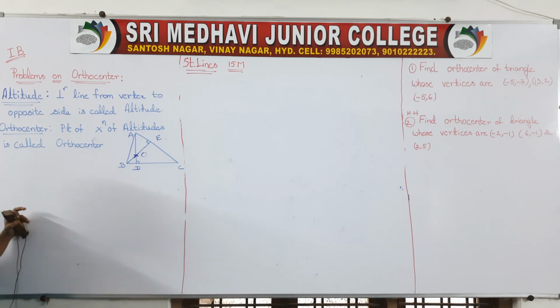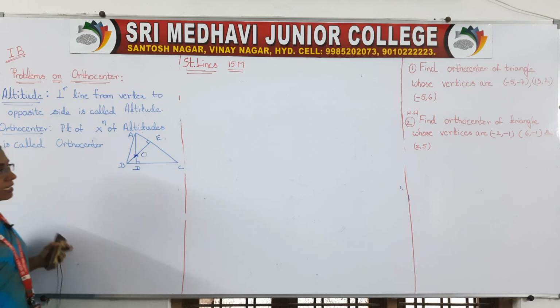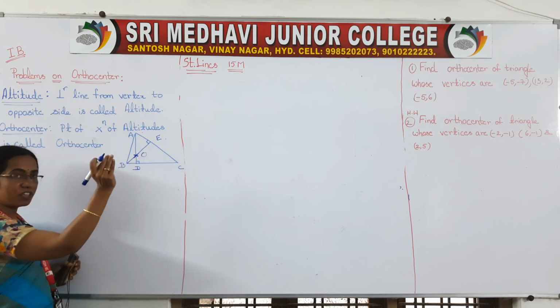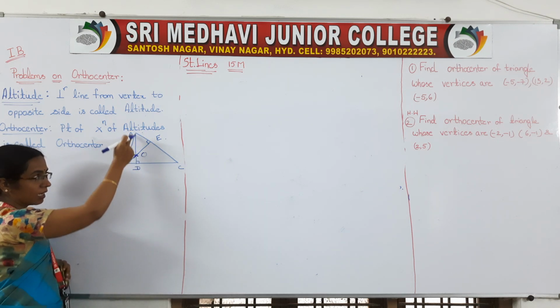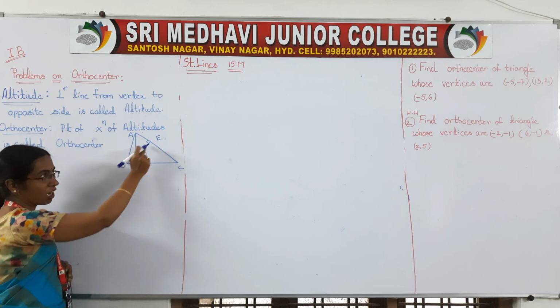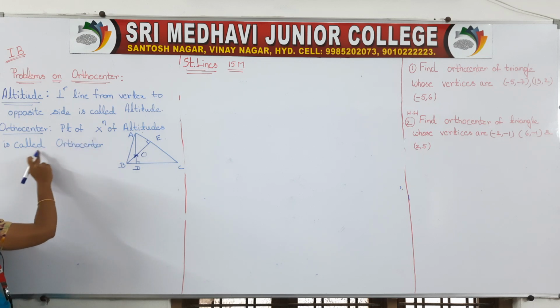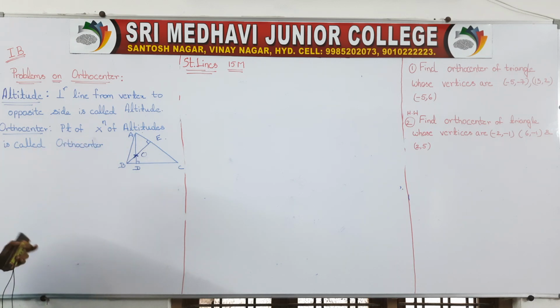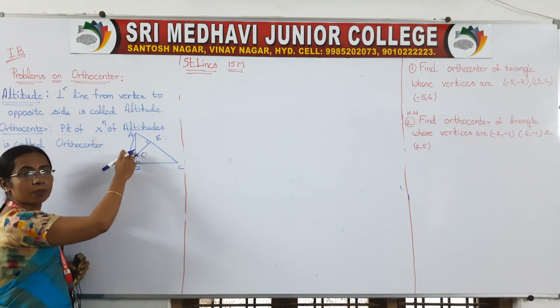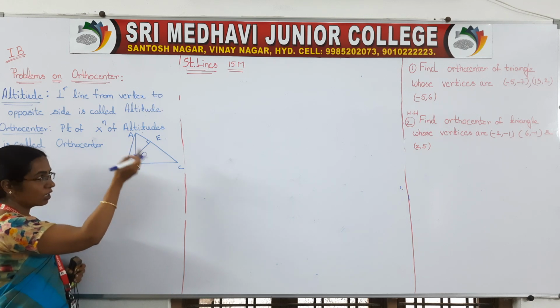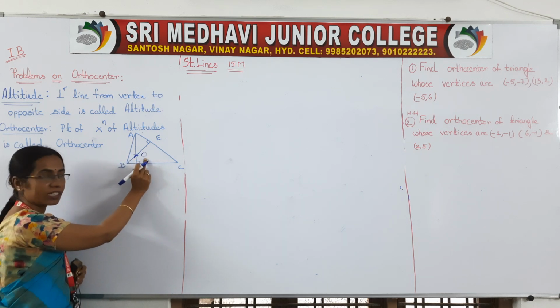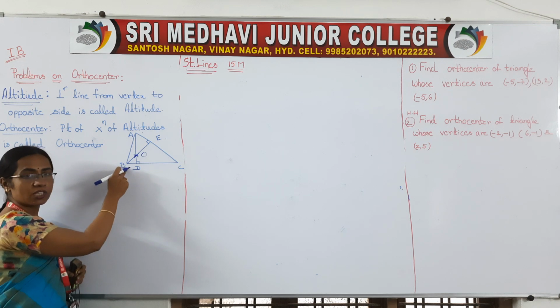First be clear with the concept. By the definition of orthocenter, it is the point of intersection of altitudes, isn't it? So 3 lines are passing through the same point. To get our point of intersection, 2 altitudes are enough.